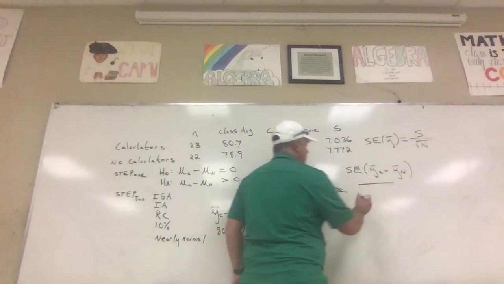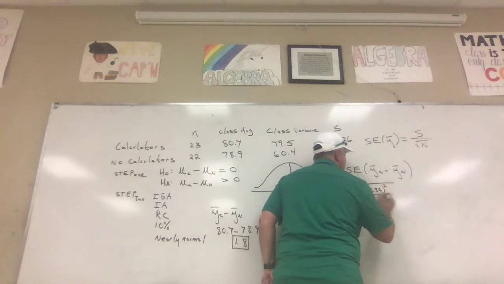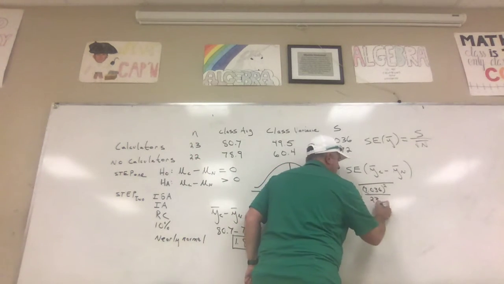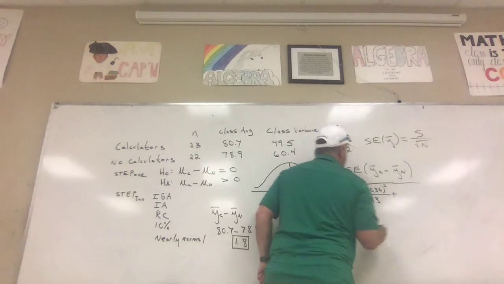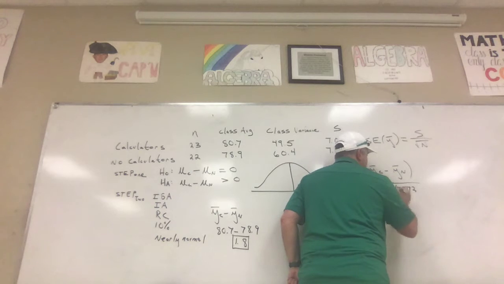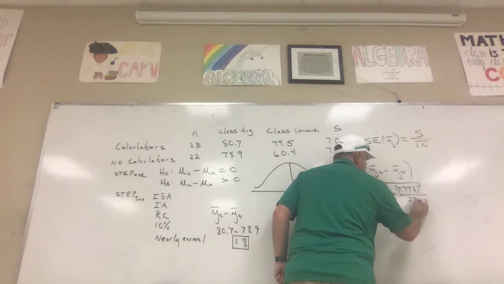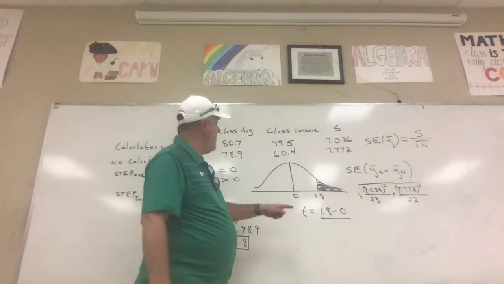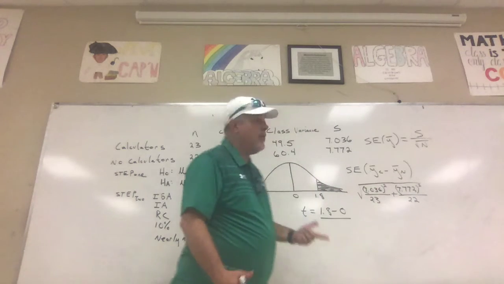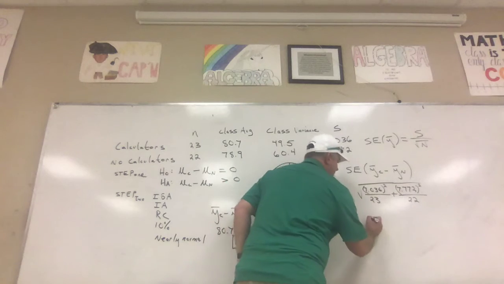So I'm going to write this as 7.036 squared divided by n, which is 23, plus 7.772 squared divided by n, which is 22. Now, you could have just written this as the 49.5 and the 60.4 because I already knew the variance. Okay, so there is the standard error.